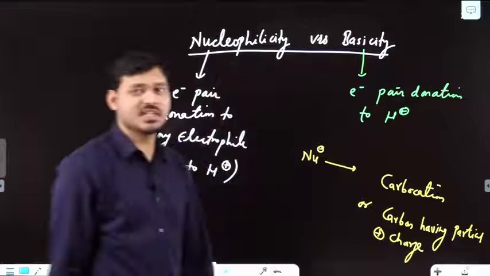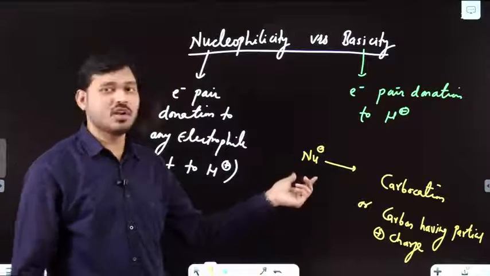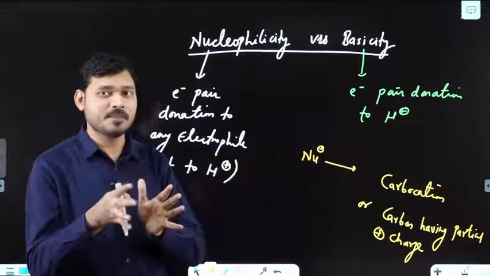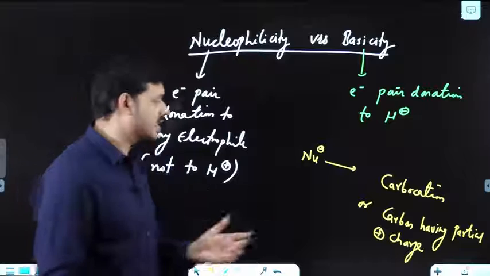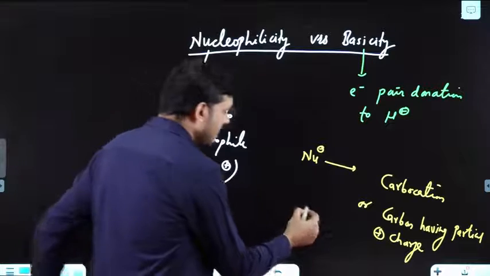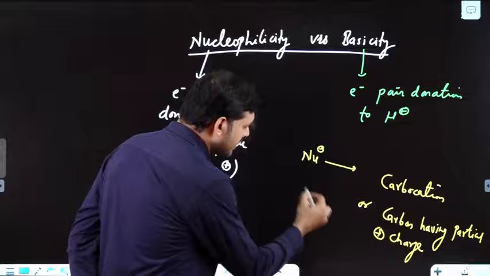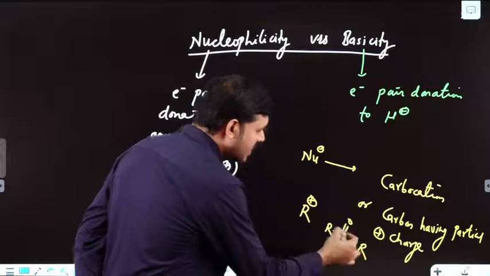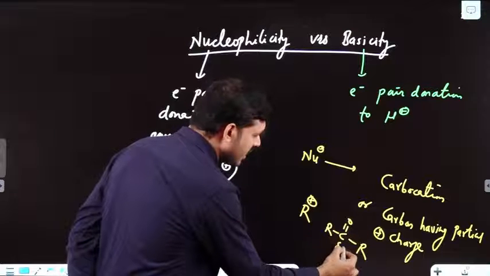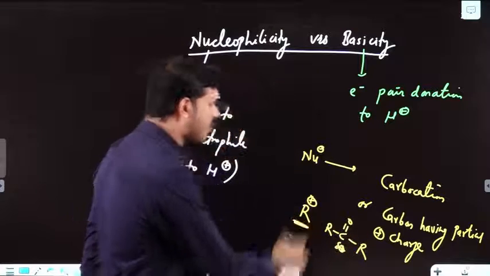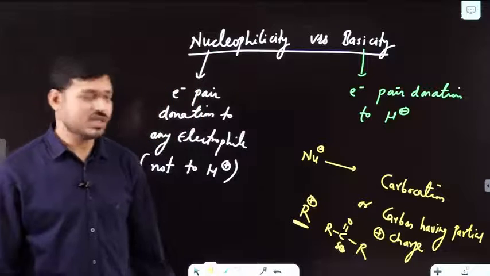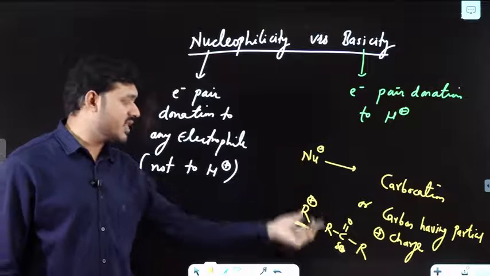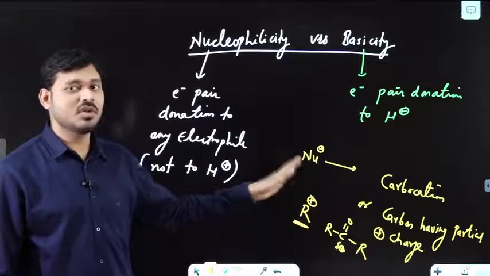In organic chemistry, nucleophilicity is all about attacking any carbon atom which is positively charged, partially or completely. Meaning a carbocation, simply R plus, or RCOR. Now in this RCOR ketone, this carbon has delta positive charge, and here the R group carbon has complete positive charge. So in both cases they are electrophiles. So the interaction of a nucleophile with such electrophiles is about nucleophilicity.